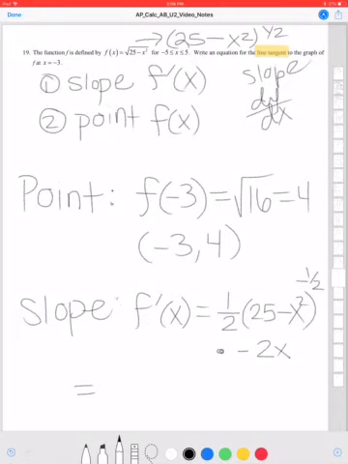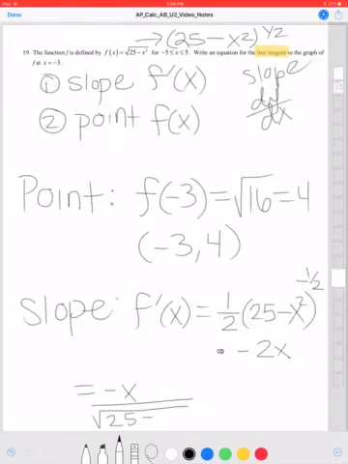Alright, let's make that look a little better here. 1/2 times -2x is going to give me -x. Since it's a negative exponent, it's going to go on the bottom, and 1/2 is the square root, 25 minus x squared. And this is being evaluated at x equals -3.